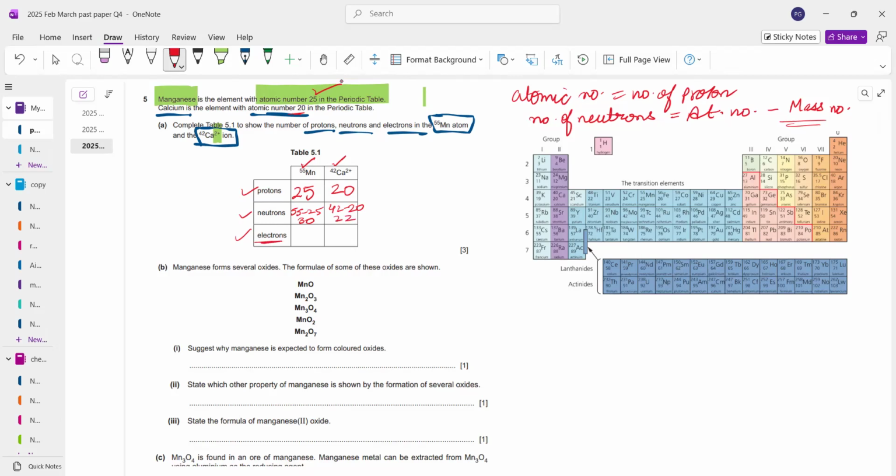For number of electrons, now let's be very careful, because in a neutral atom like manganese, the number of electrons is equal to the number of protons.